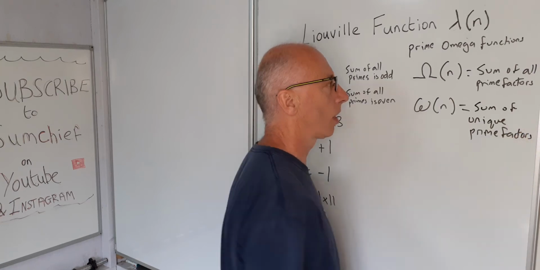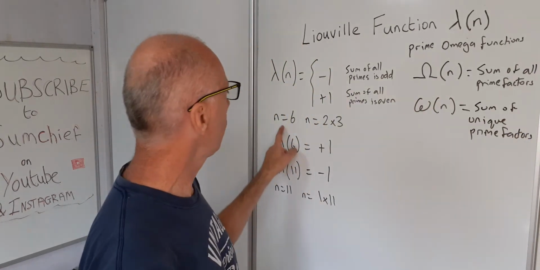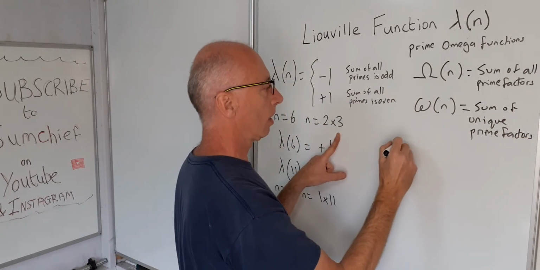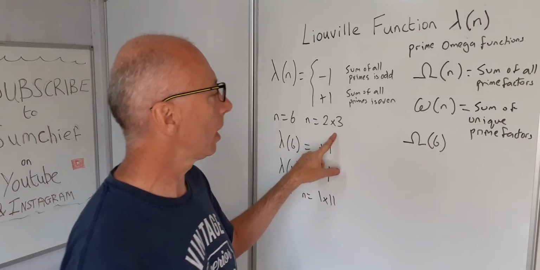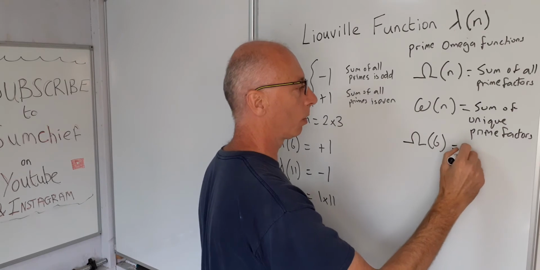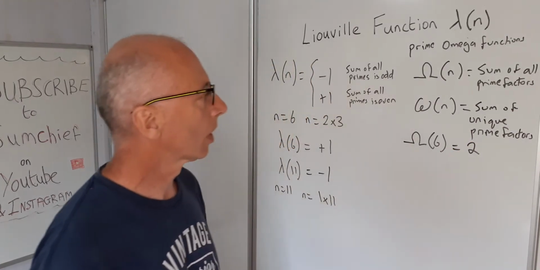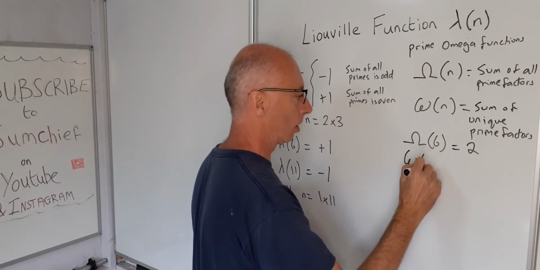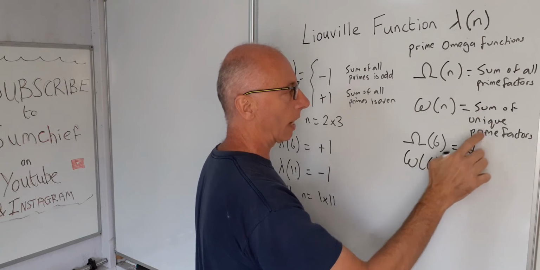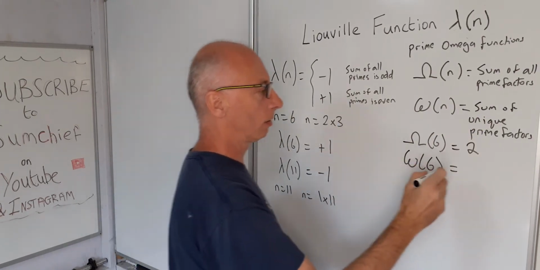Okay, so for example, if we take this number 6, capital omega of 6 is 2 and 3, so this would equal 2. The lowercase omega version, let's just keep that as 6, as they're still unique, that would still equal 2.